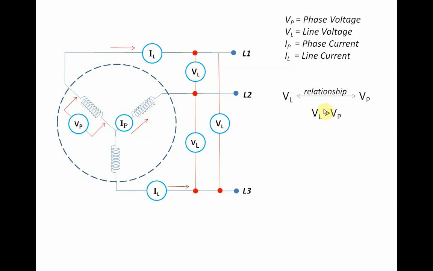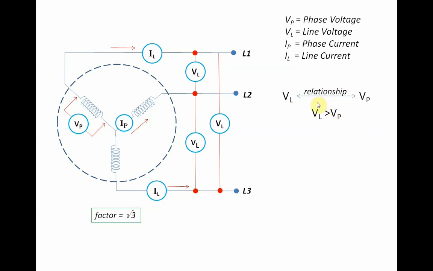Now, to what extent is line voltage greater than phase voltage? We need to remember a factor which we can use for the rest of the formulas for Y and delta: the factor of square root of 3.